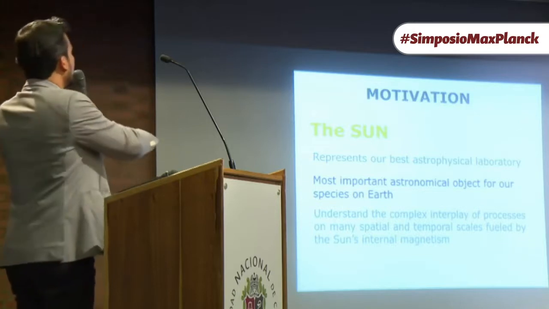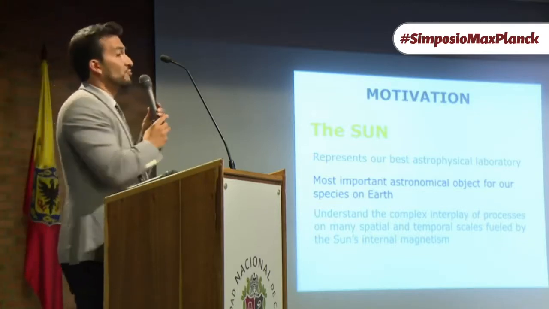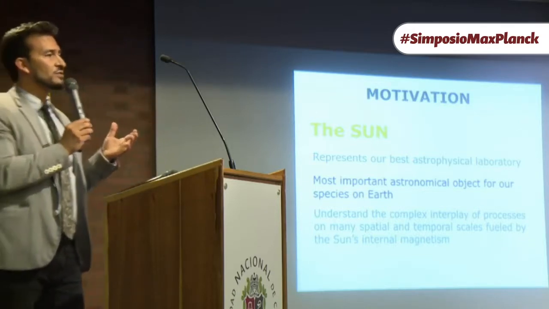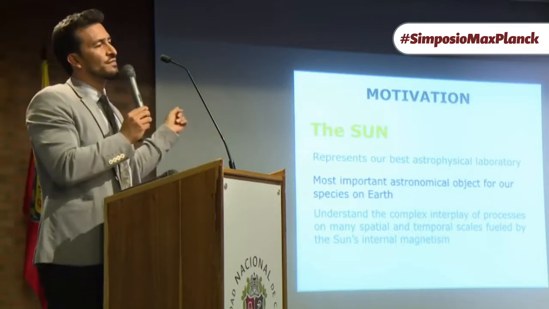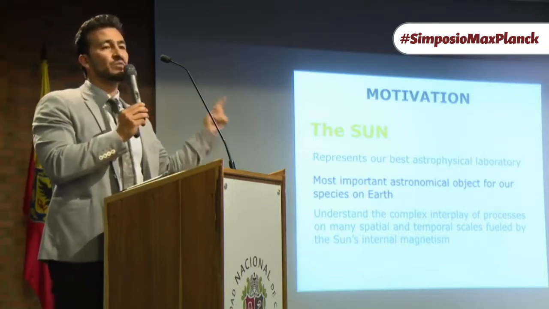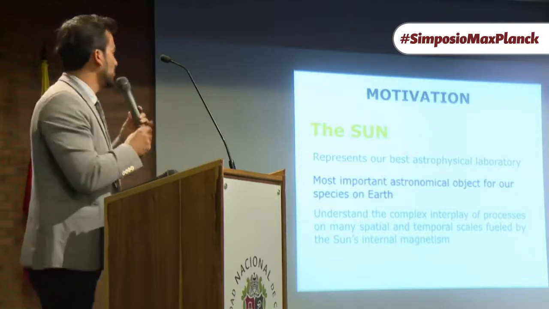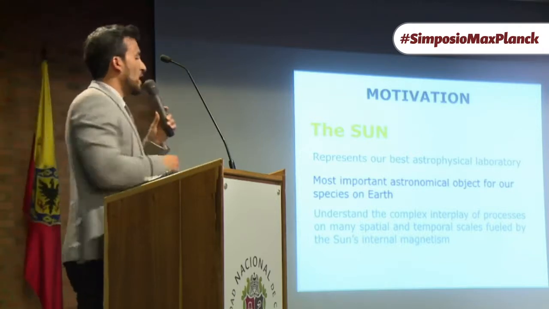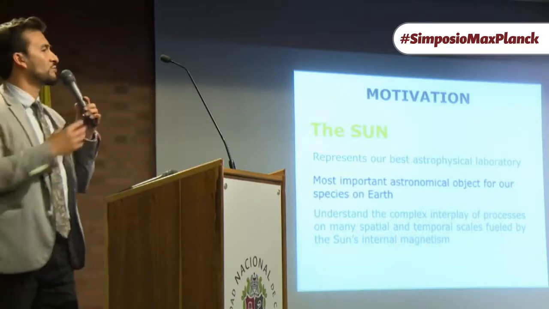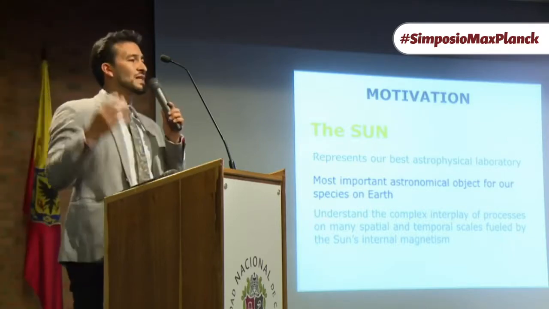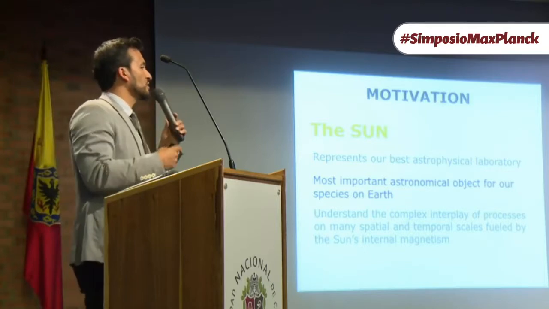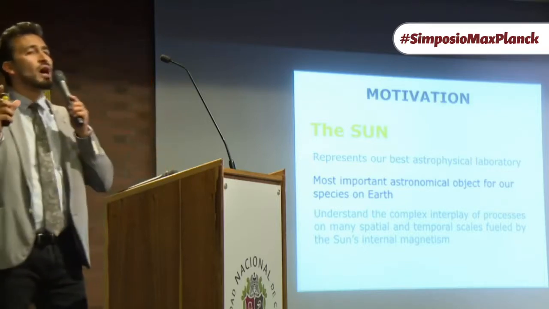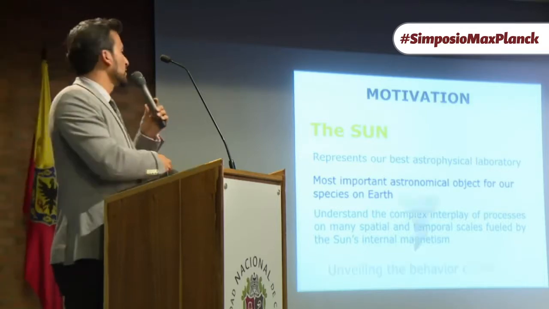But also the sun is the most important astronomical object for our civilization, and solar variability and how it impacts the Earth is quite an important topic. In this work in particular, we are trying to understand the complex interplay between the magnetic field and the plasma in the sun at different spatial and temporal scales. And I will show you how these scales behave in the sun.